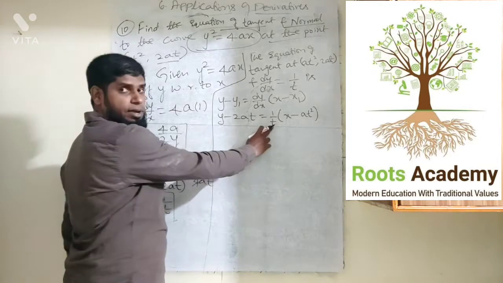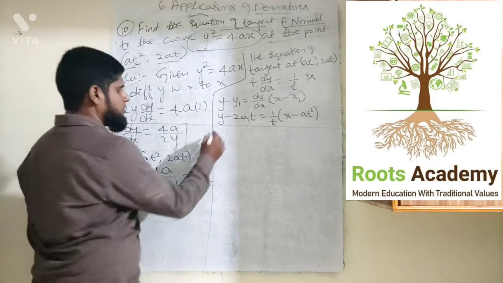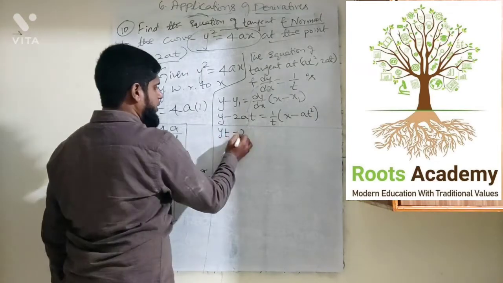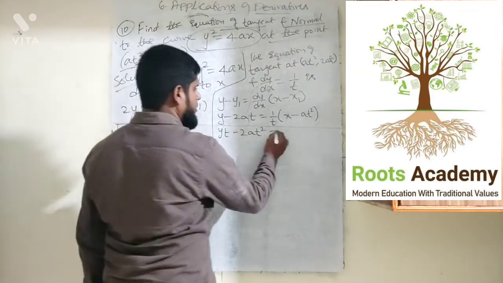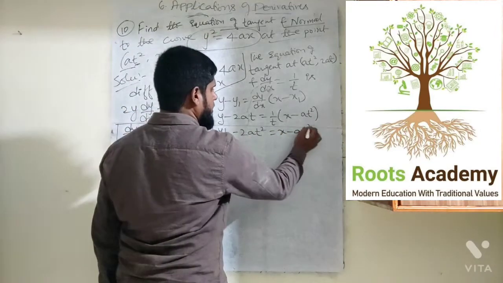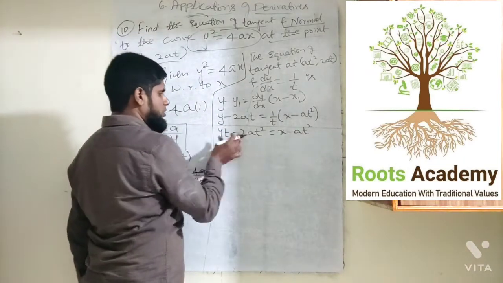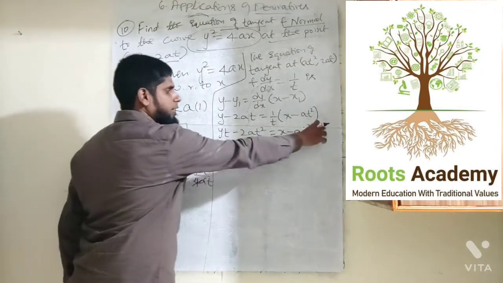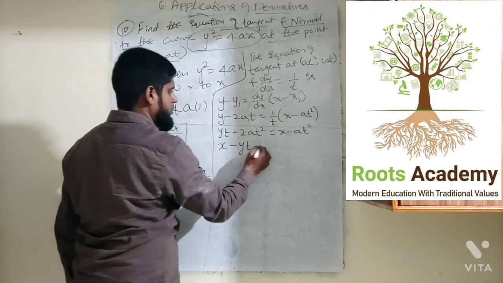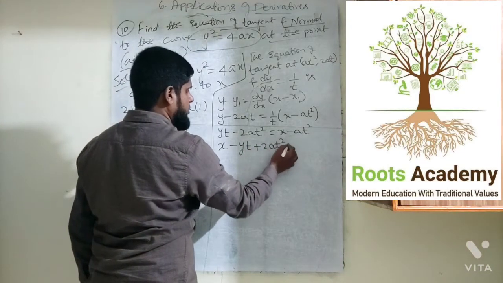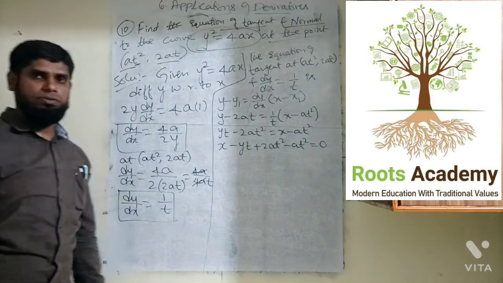If I do the cross multiplication of this t towards left hand side, we get yt minus 2at square is equals to x minus at square. Finally, if I shift these left hand side terms to right hand side, I get x minus yt plus 2at square minus at square is equal to 0.